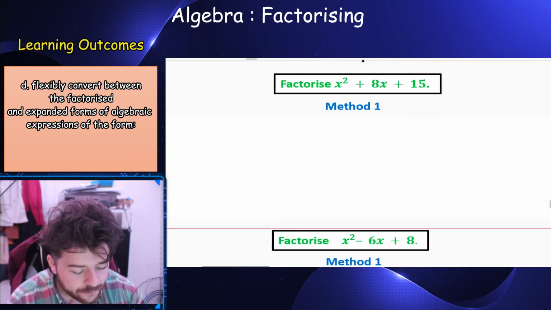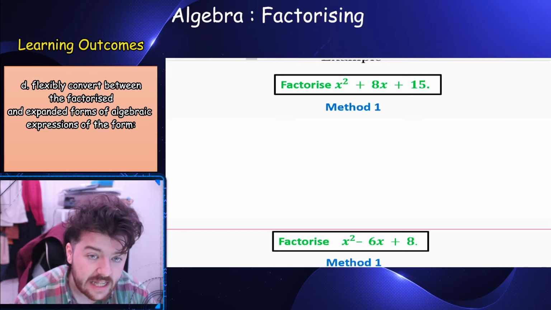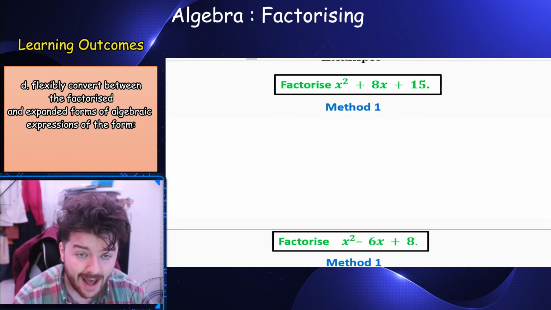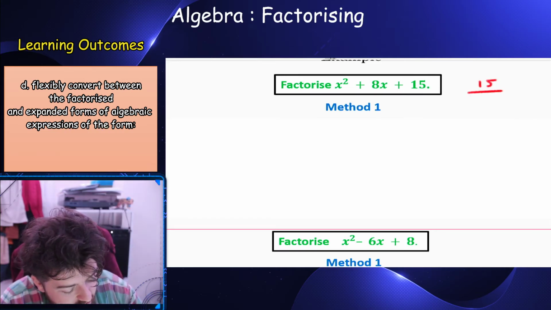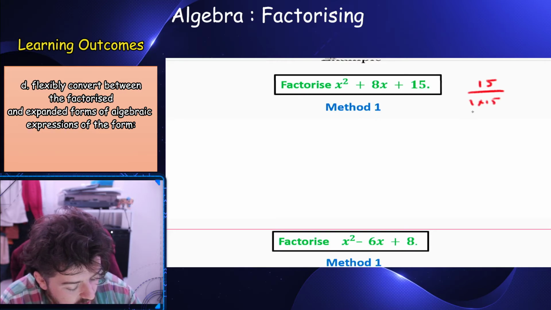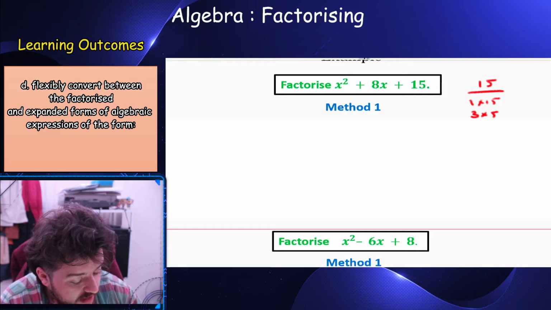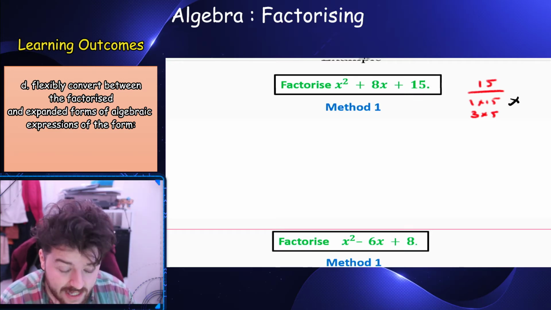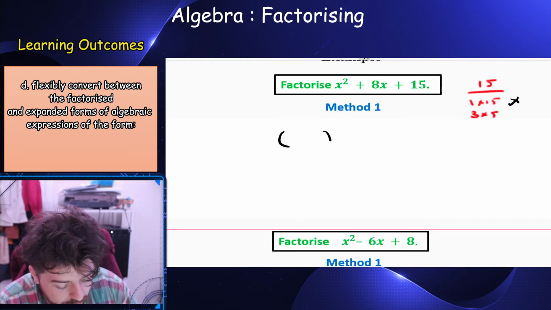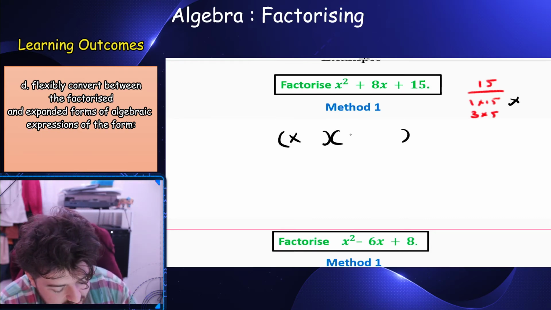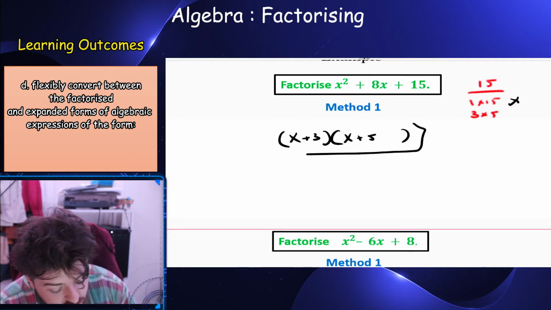So for example, x squared plus 8x plus 15, two numbers that multiply to get 15 but add to get 8. For 15, I have 1 times 15 and 3 times 5. 1 plus 15 is equal to 16, so that's not it. 3 plus 5 is equal to 8, so bada boom, bada bing. I'm going to open up two brackets here. I'm going to have x plus 3, x plus 5, and that's it, done.